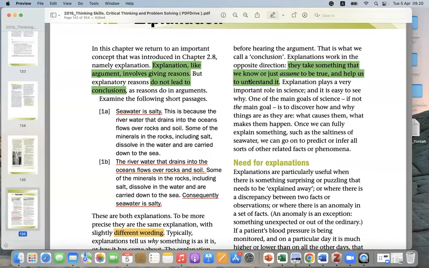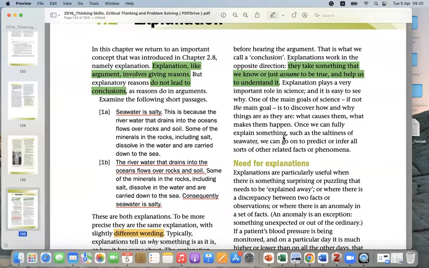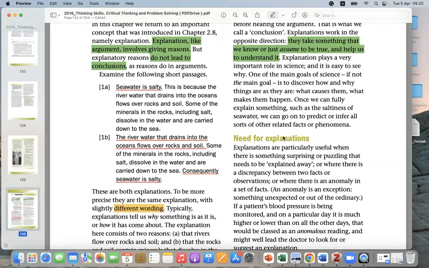They take something that we know or just assume to be true and help us to understand it. You have to know that truth is very important in the explanation. Explanation plays a very important role in making your judgment or your claim true, so you have to make explanations which come from true information.